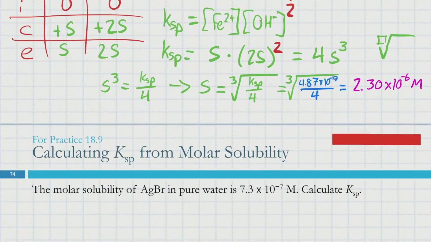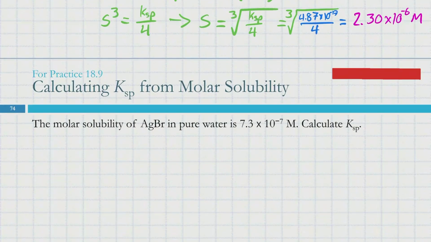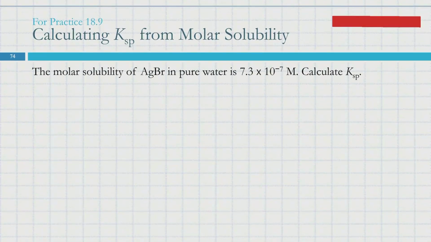Okay. The molar solubility of silver bromide in pure water is 7.3 times 10 to the minus 7. Calculate Ksp. I will give you a little bit of time to work on this one. Okay, that was a very short amount of time. Let's go through it.